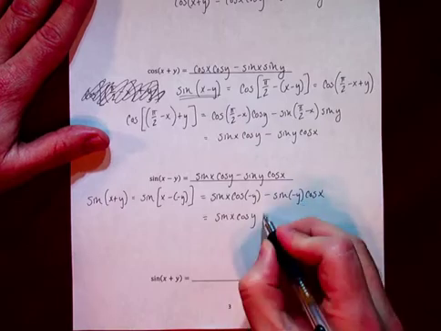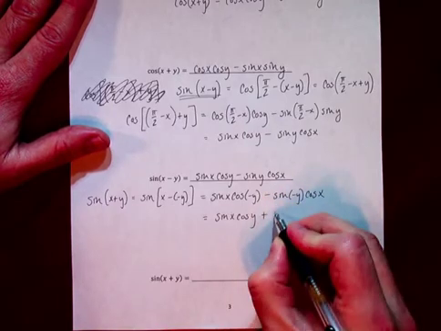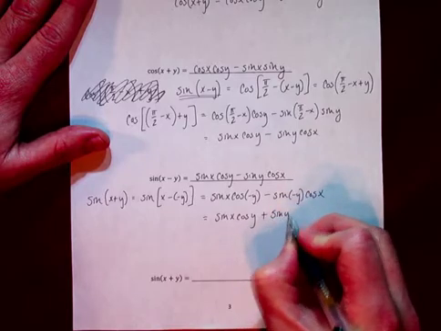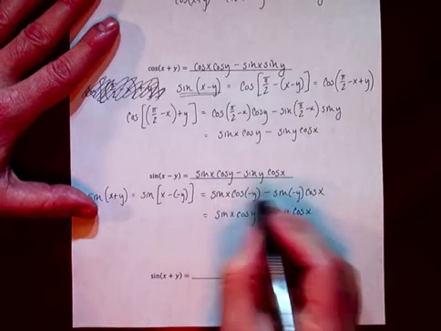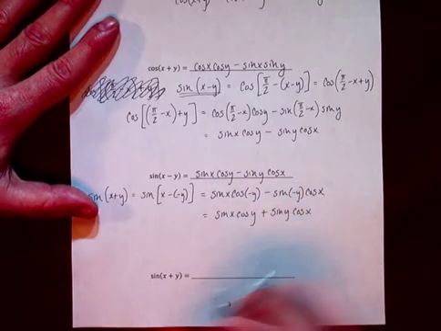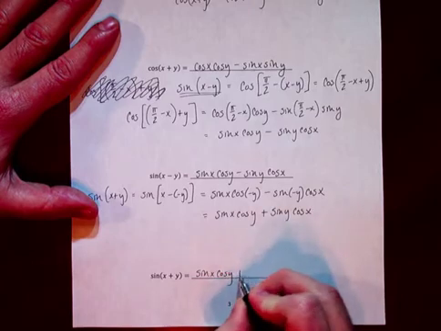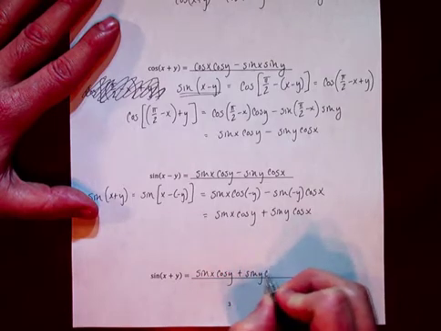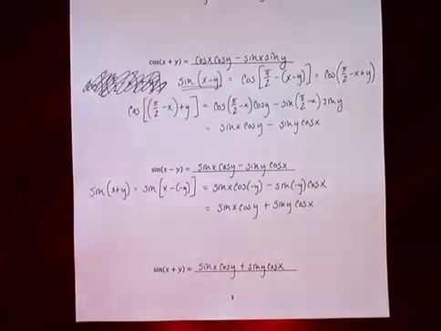Sine, however, is odd, so that's going to change the sign of that second term and turn that difference right here into a sum. So sine x cosine y plus sine y cosine x, and all of a sudden we have both the sum and difference formulas for sine and cosine.